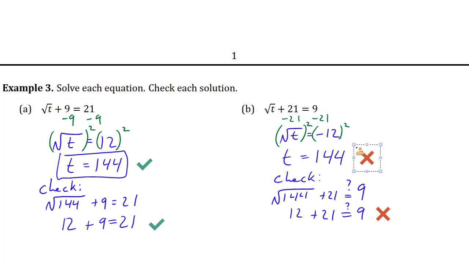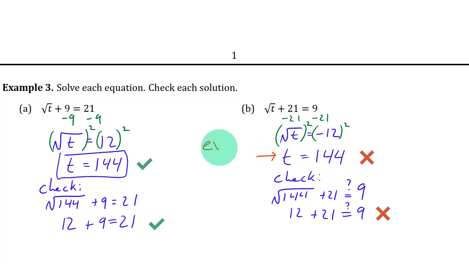So squaring both sides here, I didn't make any actual mistakes, but squaring both sides gave me something that's not really a solution. This is what we call an extraneous solution. It's like a solution that came along for the ride somehow.